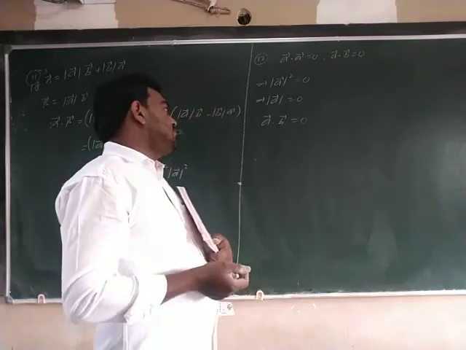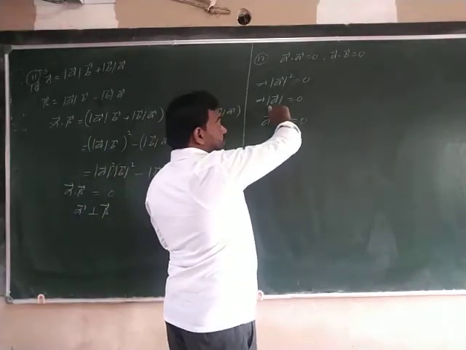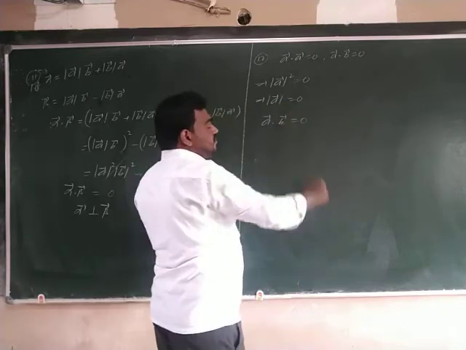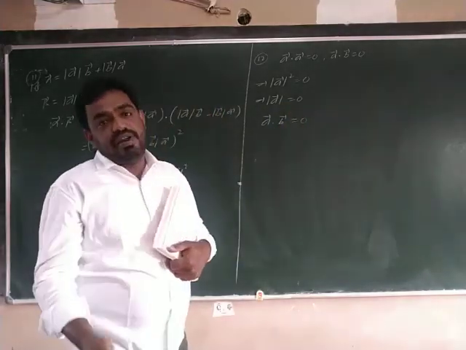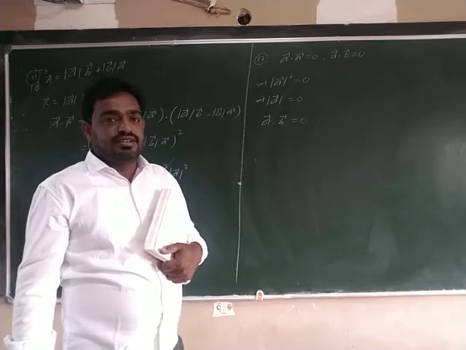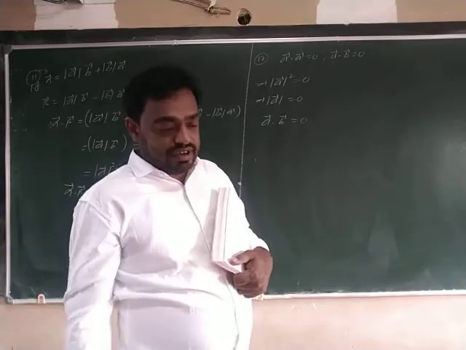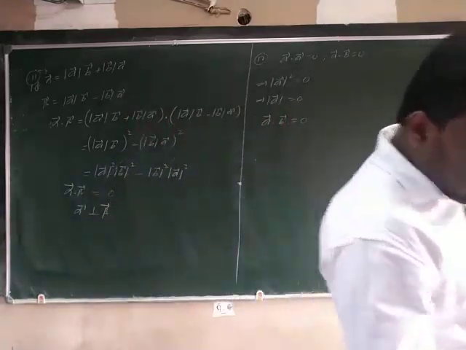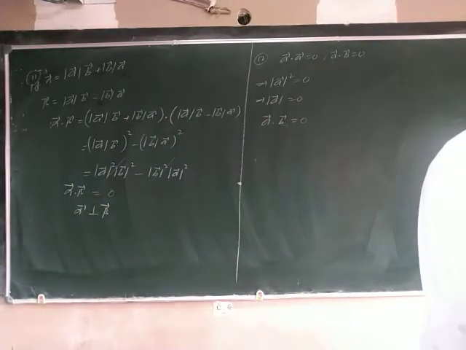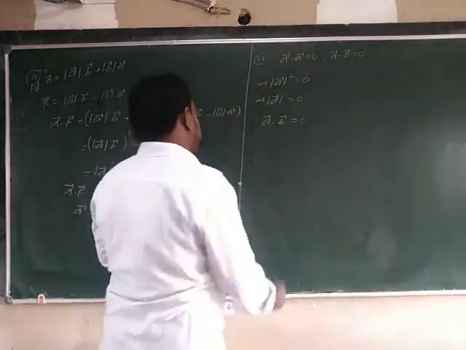Here A is already 0, so vector B need not be equal to 0. Understood? Vector B need not be a null vector. That is our answer.